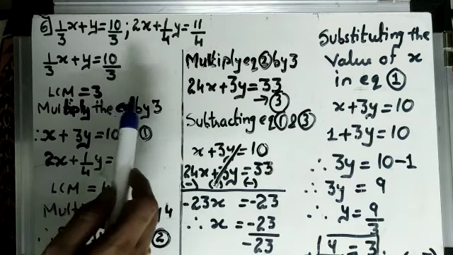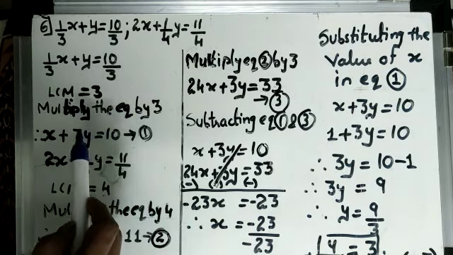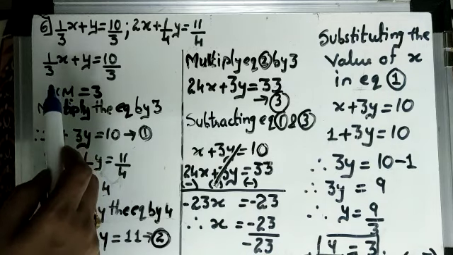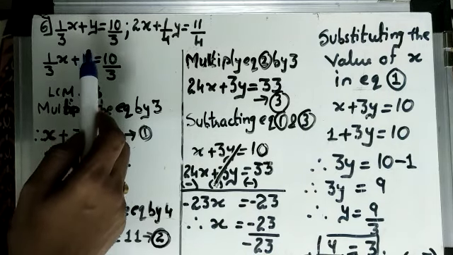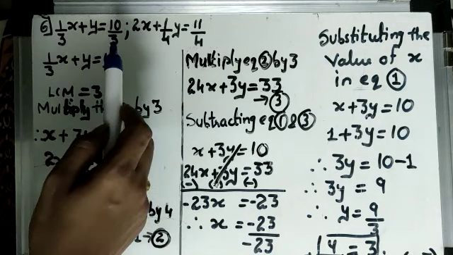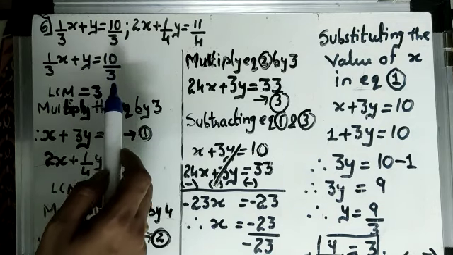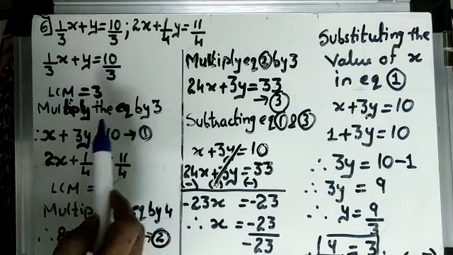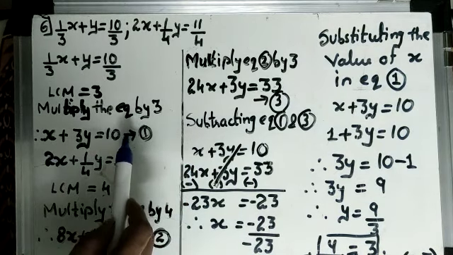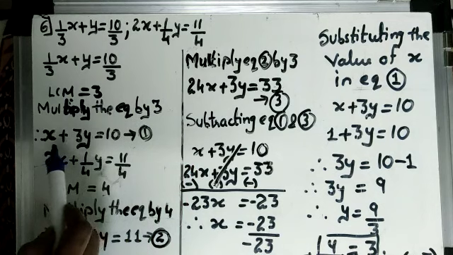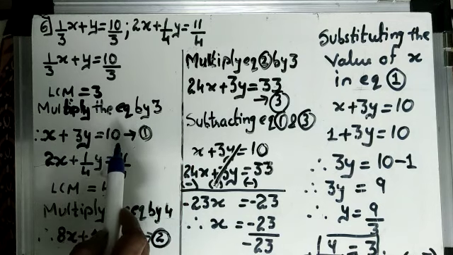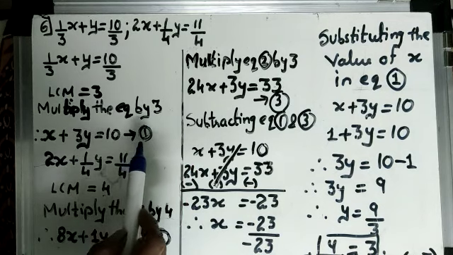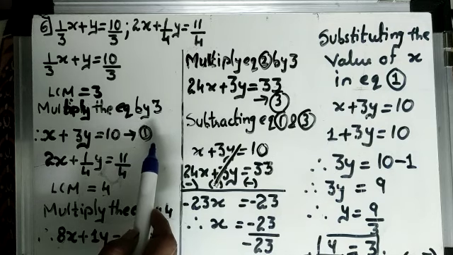Each and every term is multiplied by 3. So 1 upon 3 x multiplied by 3, y multiplied by 3, is equal to 10 upon 3 multiplied by 3. After cancellation, you will get the equation x plus 3y is equal to 10. That is my equation number 1.